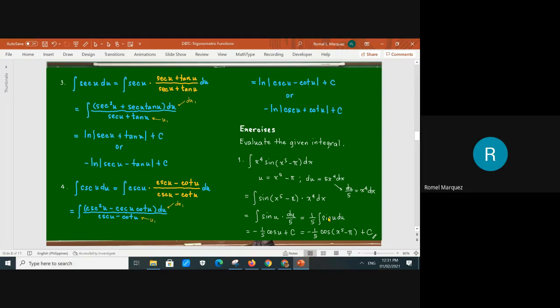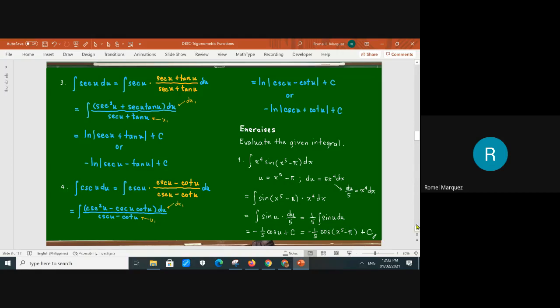And then plus sine x to the fifth, sine pi, but sine pi is 0. So this is the same as what? Negative cosine of x to the fifth times negative, it will be positive na, 1/5 cosine x to the fifth.